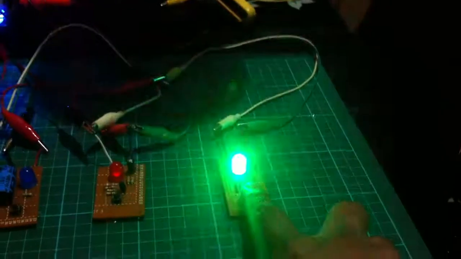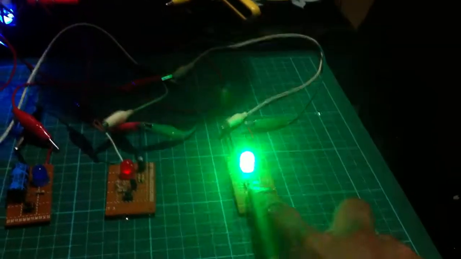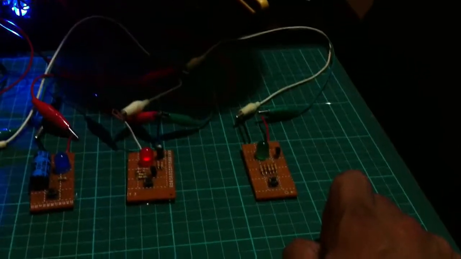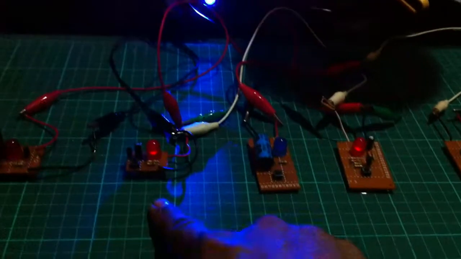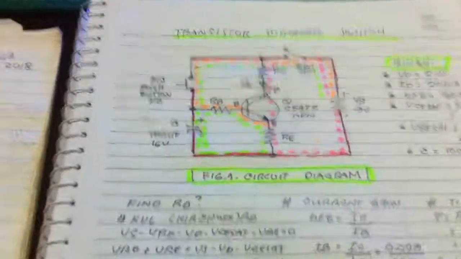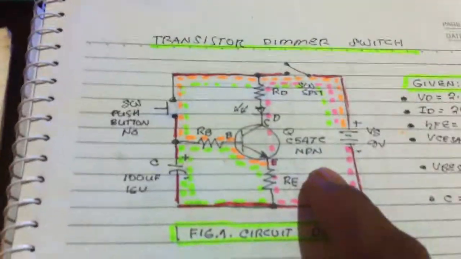There's no leakage current or breakdown voltage happening here. Like here, there's a dim light, also here. It seems there is a leakage current happening here. The computation is almost the same as this one.